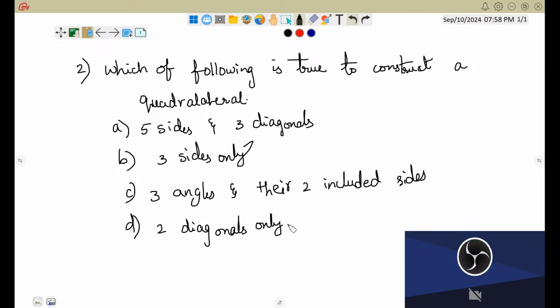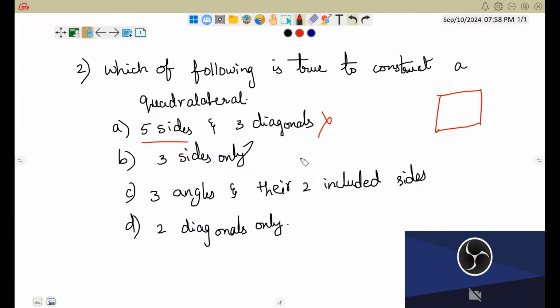See, in the first problem, we already understood that to draw any quadrilateral, we require at least 5 measurements. But option A shows 5 sides. A quadrilateral means only 4 sides. How do we get 5 sides? So, 5 sides and 3 diagonals is the wrong option.